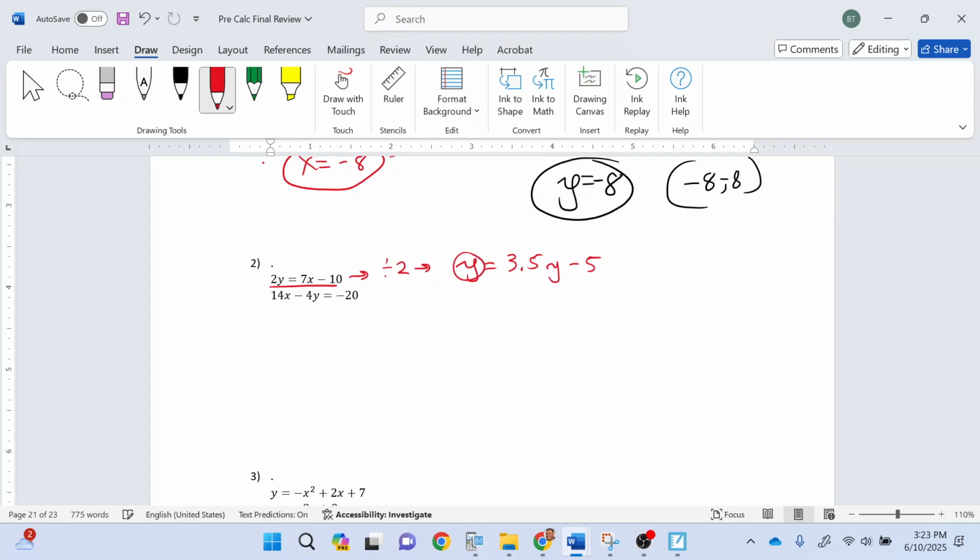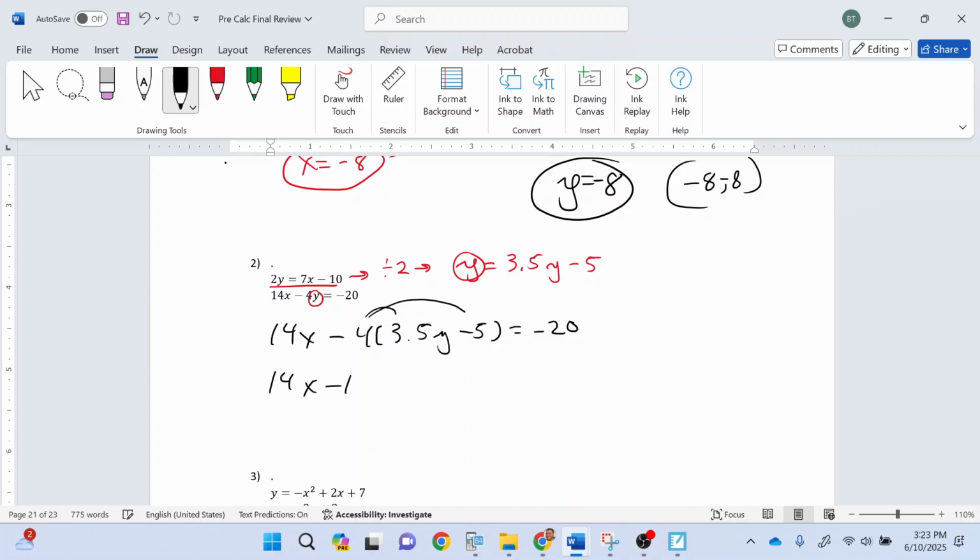So now I have a y here. I'm going to plug it into the y here. And it's going to be 14x minus 4 times 3.5x minus 5 equals negative 20. Hopefully, when you distribute this, you're going to see something interesting: 14x minus 14x minus 20 equals negative 20.